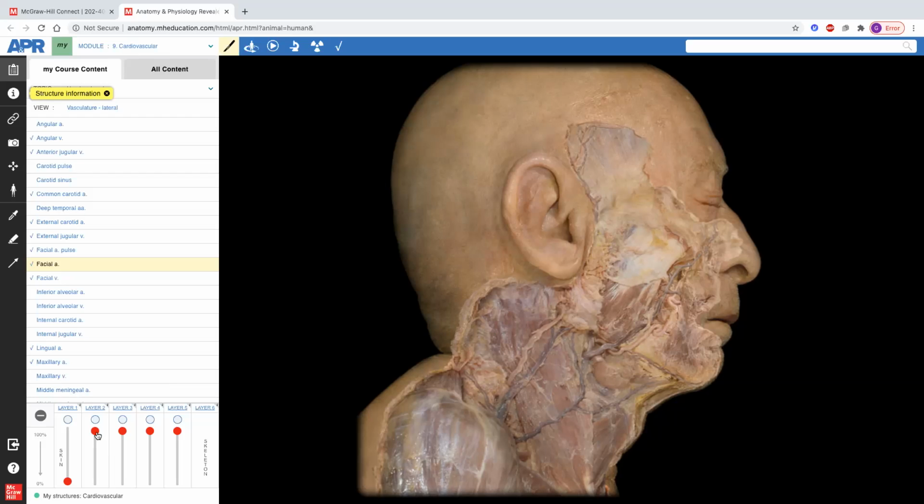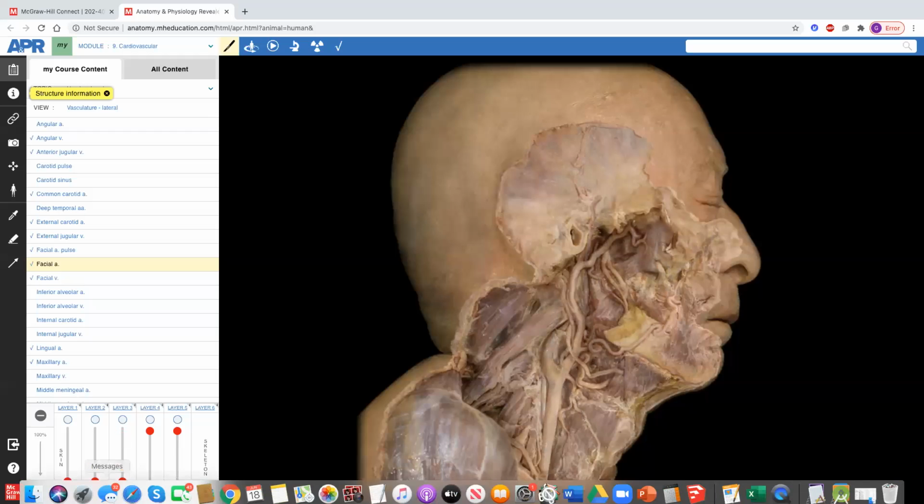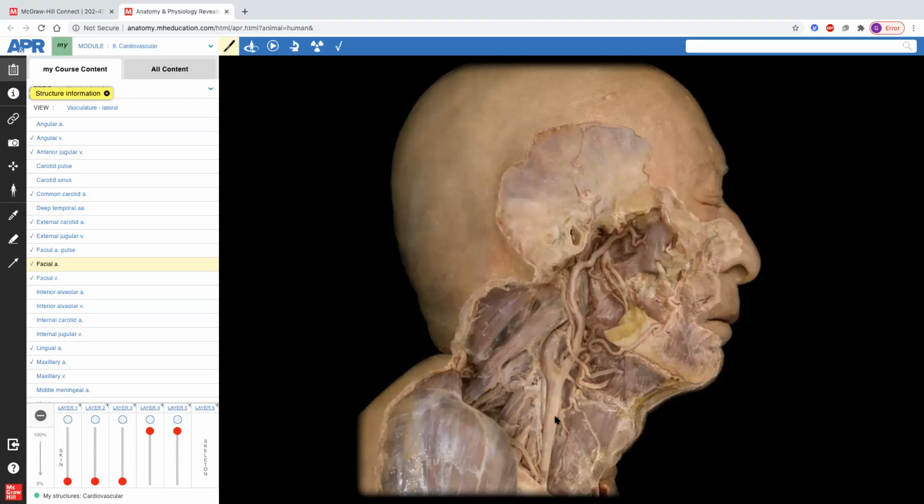And it is a branch of your external carotid. And your external carotid artery, right, should be right underneath the internal jugular. Let me see if I can remove that. Right there. So here's a common carotid artery.